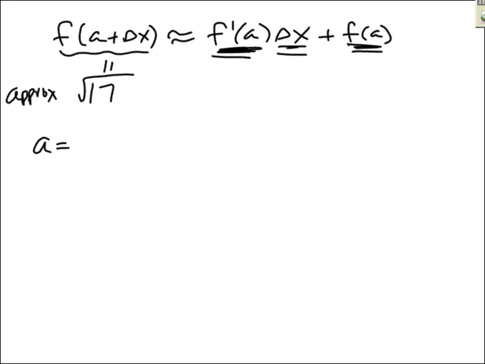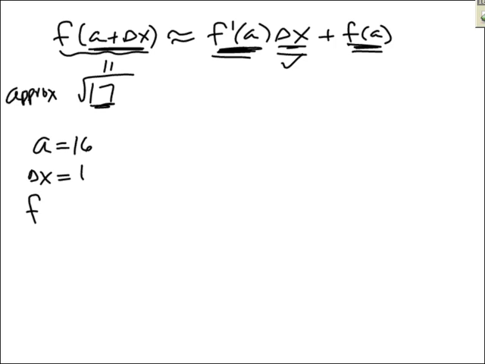A is going to be 16. And a plus delta x will be 17, which means delta x is 1, because 16 plus 1 is 17. Okay, so we have a and we have delta x. Now we need to find f of a.